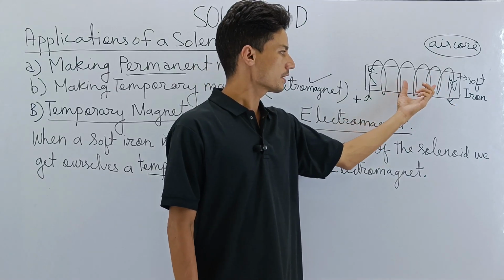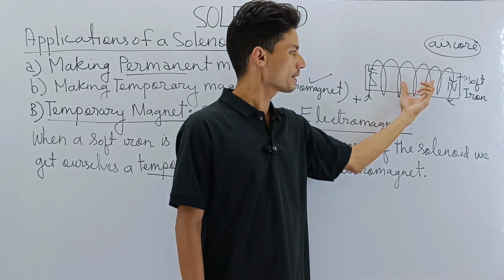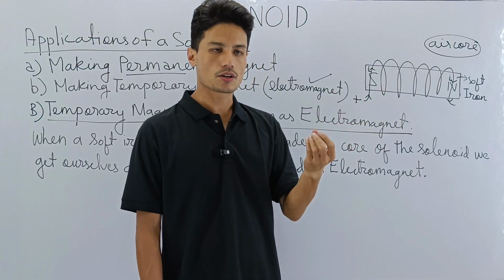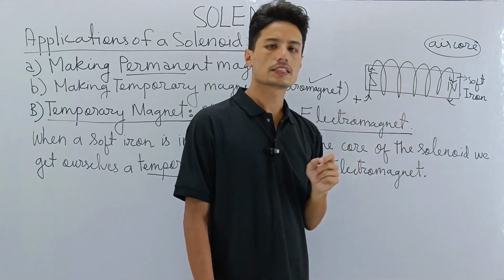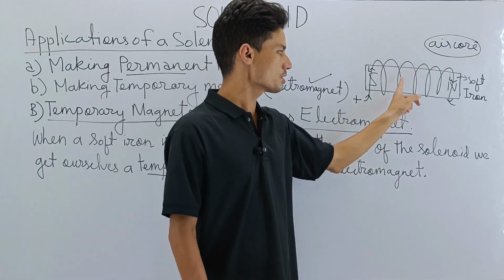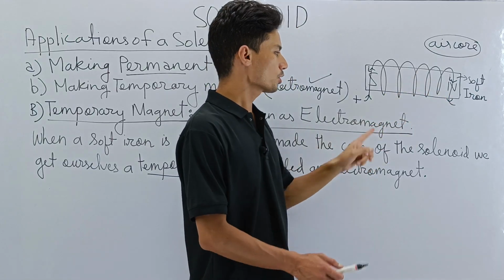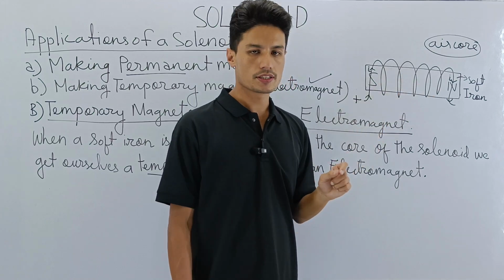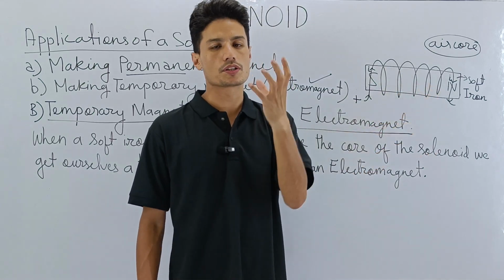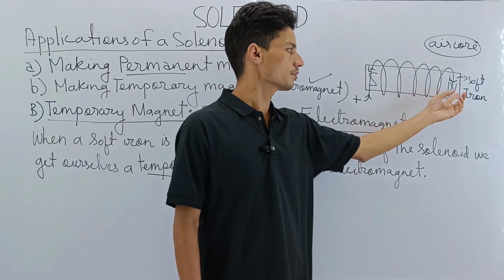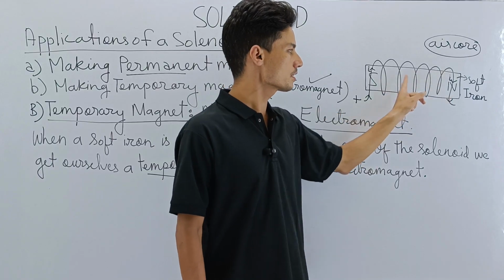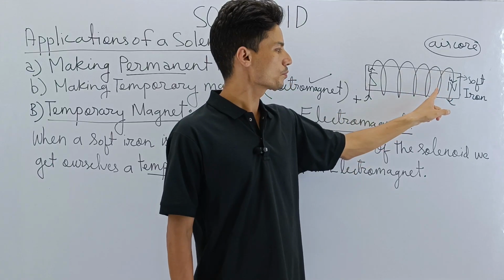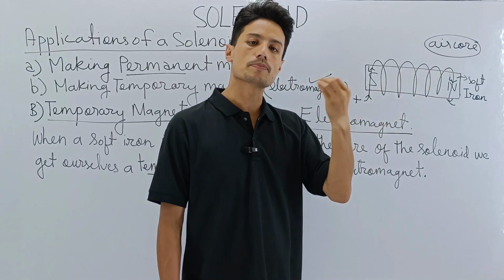That means this will show magnetic properties only when current is passing through the solenoid. If we shut off, if we stop the current flow through the solenoid, then this will just be an ordinary piece of iron. It will not show magnetic properties. It will lose its magnetic properties.